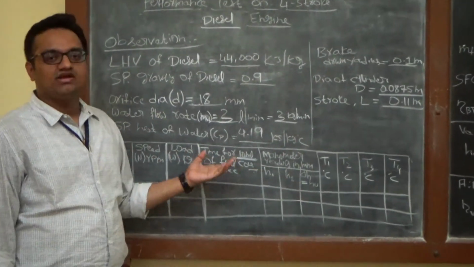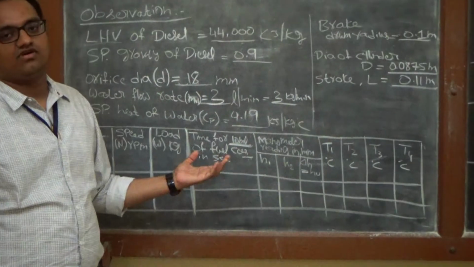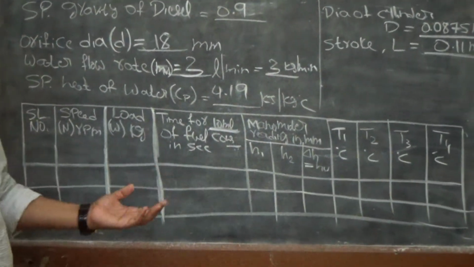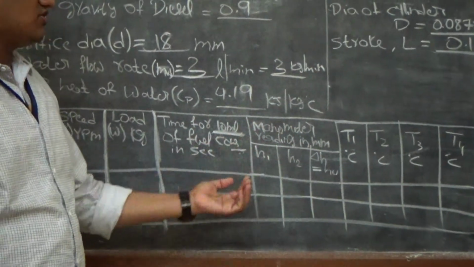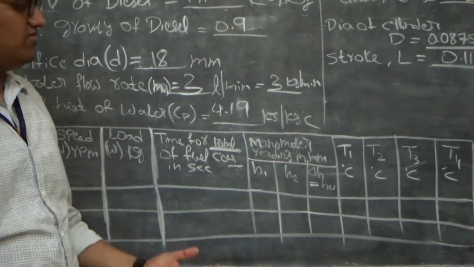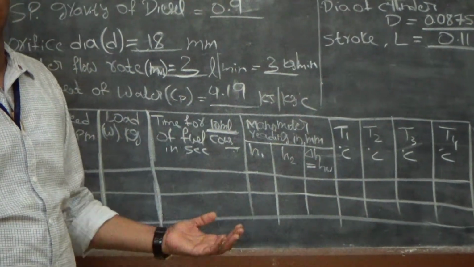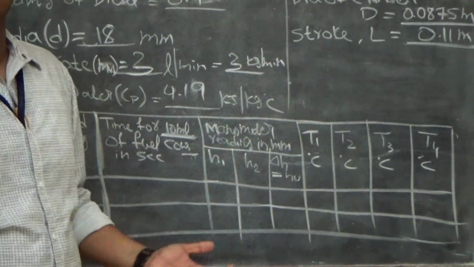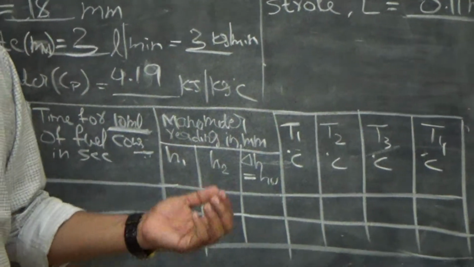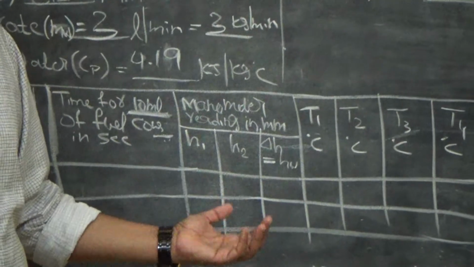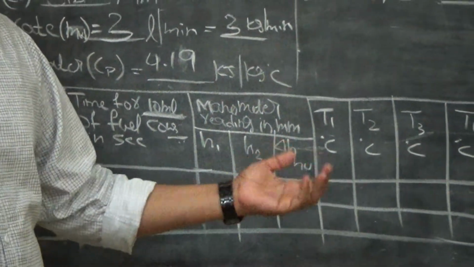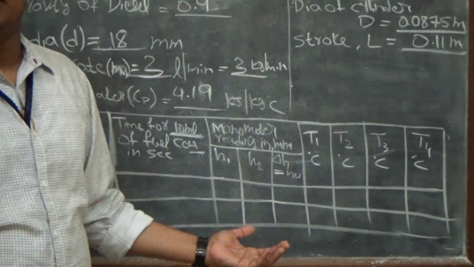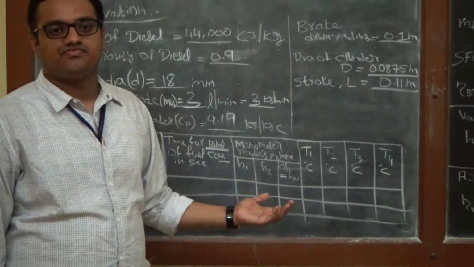We have time taken for 10 ml of fuel consumption, in seconds. Manometer readings H1 and H2 have to be noted, and in turn we calculate delta H. We have T1 and T2, which represent inlet and outlet temperature of the exhaust gas. We have T3 and T4 as inlet and outlet temperature of cooling water supplied to the exhaust gas calorimeter.